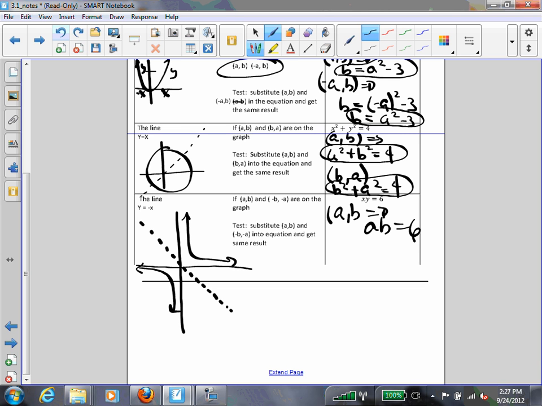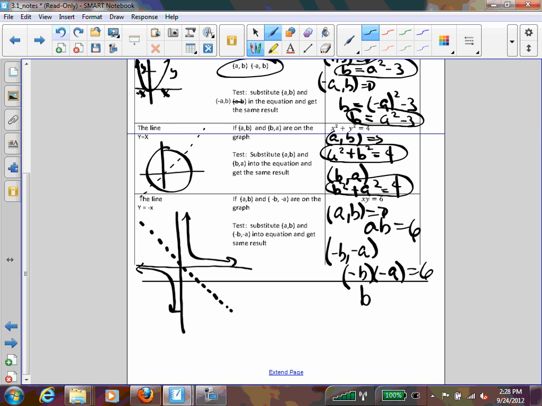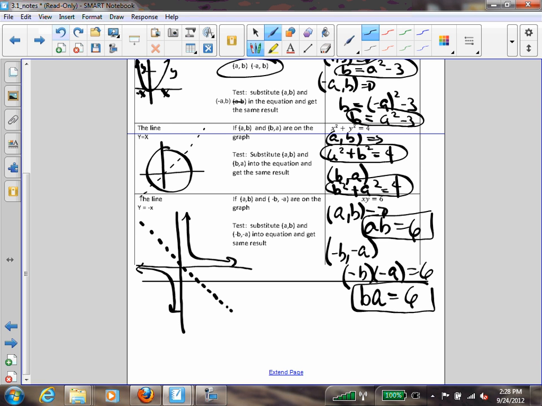And if I use the coordinate negative b, negative a, I'm going to get negative b times negative a equals 6. So ba equals 6. Is ba the same thing as ab? Okay. So when you're multiplying, look at the sign and look at your order.